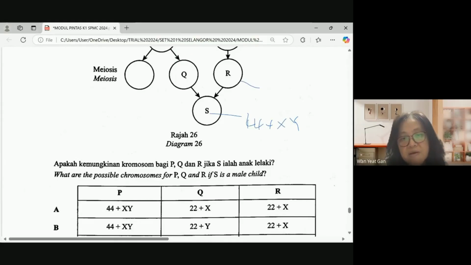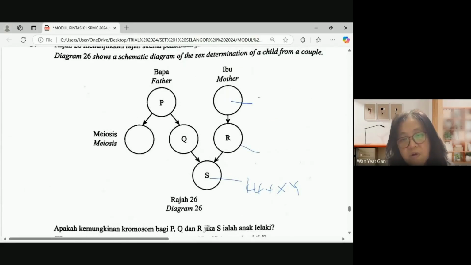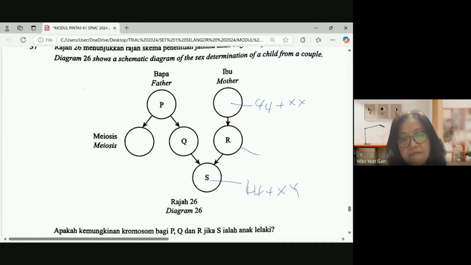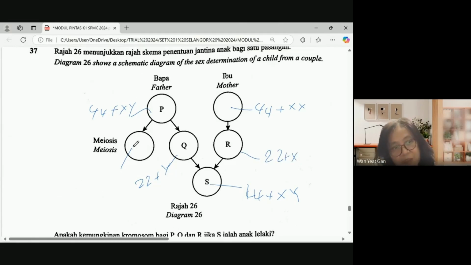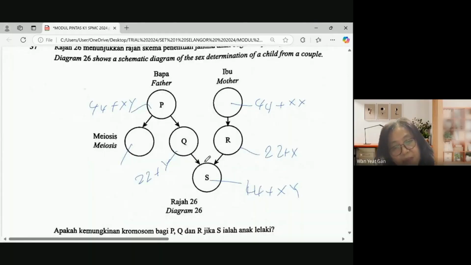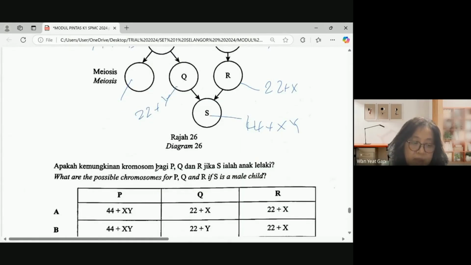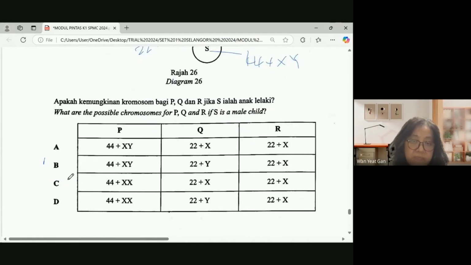So the mother is 44 plus XX and the father is 44 plus XY. So each of these is 22 plus Y here, and this is 22 plus X. So the fertilization between the 22 plus Y gamete and the 22 plus X gamete produces the son who is 44 plus XY. So the answer for 37 is B.